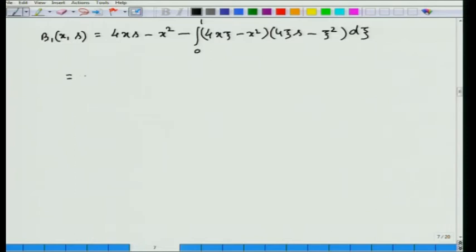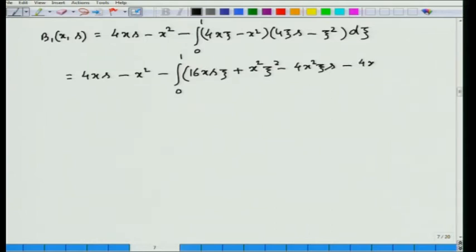This will be equal to 4xs minus x square minus integral 0 to 1 (16 x s xi square plus x square xi square minus 4 x square xi s minus 4 x xi cube) d xi.